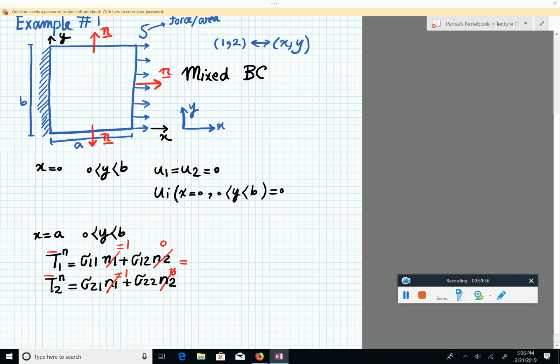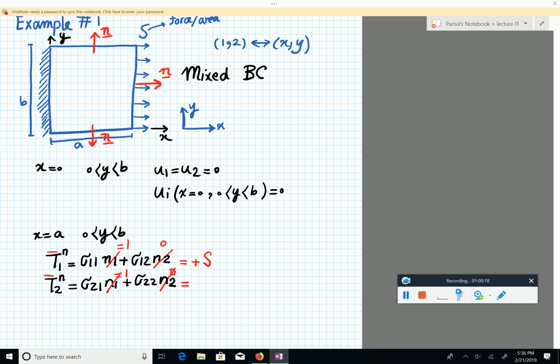What is the boundary condition? What traction is there? S, positive or negative? Positive. How about T2? 0, right? That's the boundary condition.